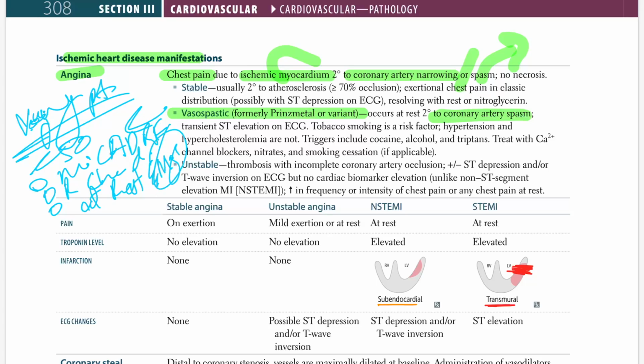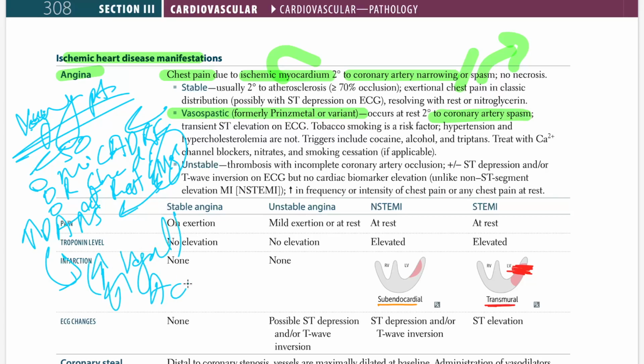And why night? Because when you're sleeping, you have increased parasympathetic activity. That increased parasympathetic activity indirectly means increased vagal tone, which increases the acetylcholine, which causes coronary spasms.